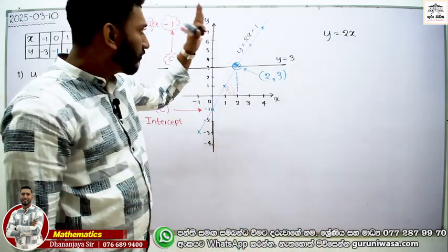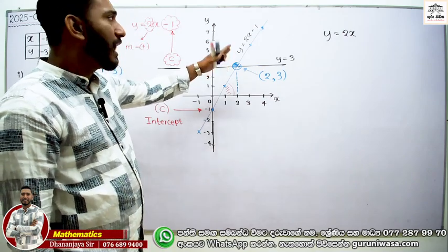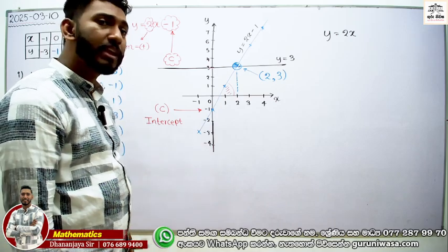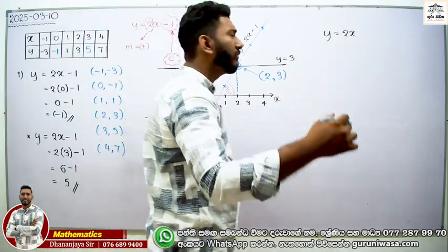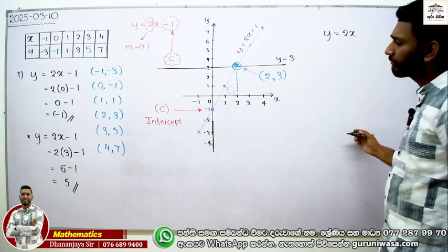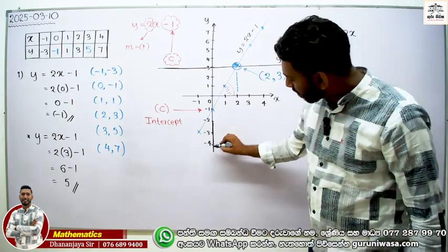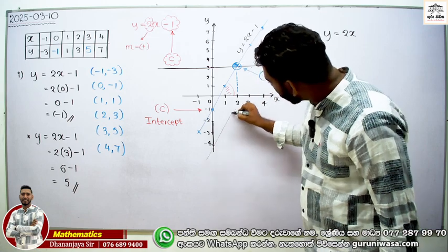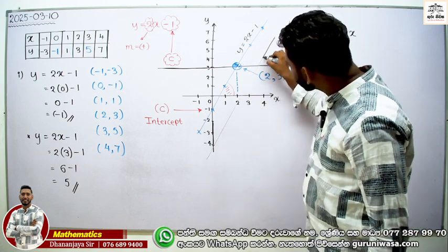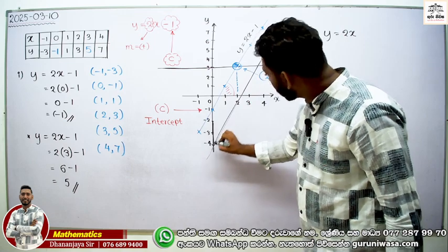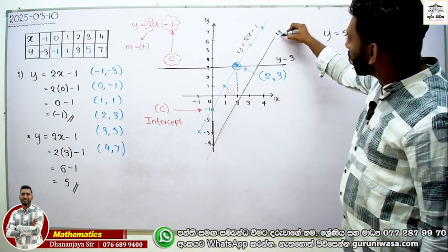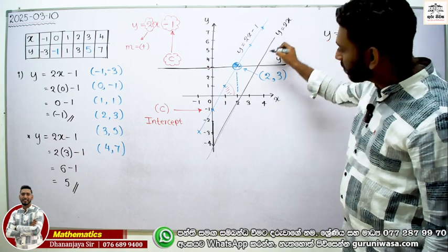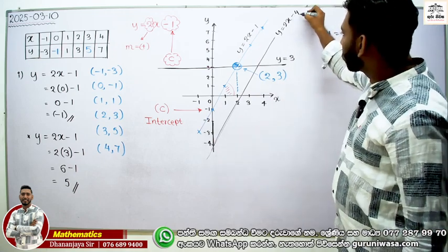This graph is y equals 2x minus 1. And the parallel graph will be y equals 2x. And the intercept is any value. Any value. Now look at this. Draw through the minus 4. Parallel. Look at this. Therefore, this graph will be y equals 2x minus 4.